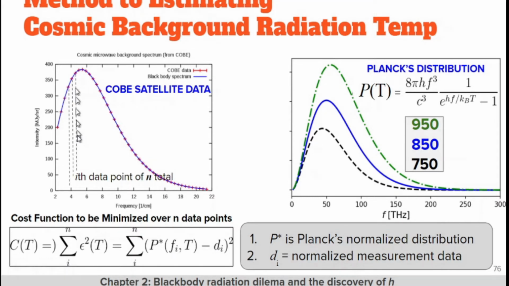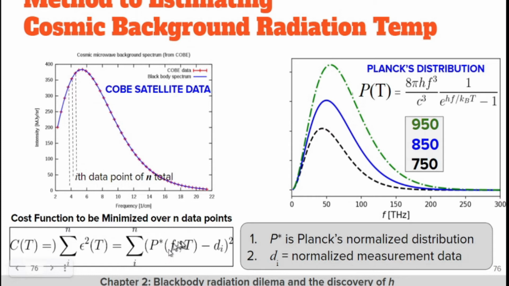If this was one of the points, then that would be one of the values of this little d, little d sub i, the ith point. Then we would also use a normalized version of Planck's distribution. This is an analytical function, and we know all the information about it.